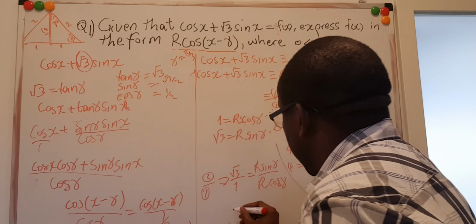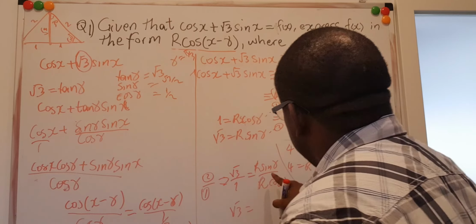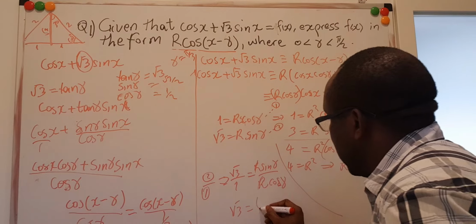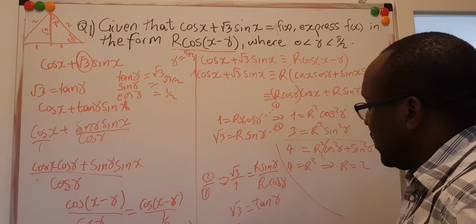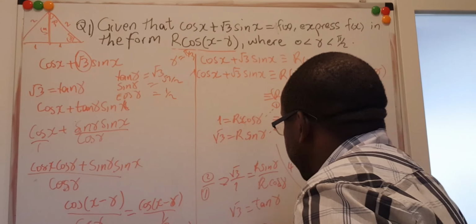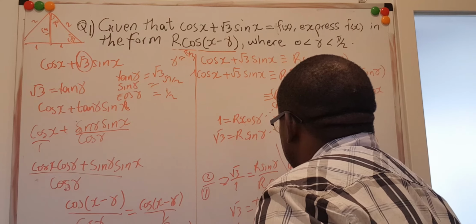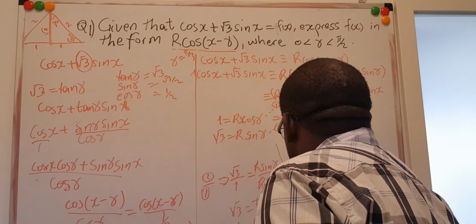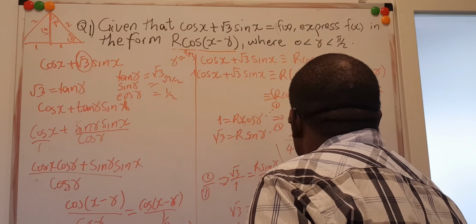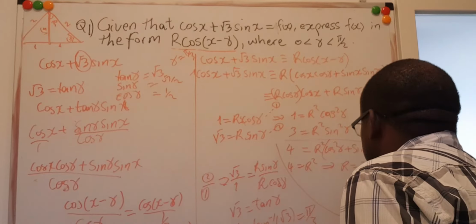The r goes off. I have root 3, and sine gamma over cosine gamma is the tangent of gamma. If the tangent of gamma is root 3, it means gamma is equal to the tan inverse of root 3, and it's the same thing I already showed today, that's equal to 60 degrees, which is pi on 3. So gamma is pi on 3.